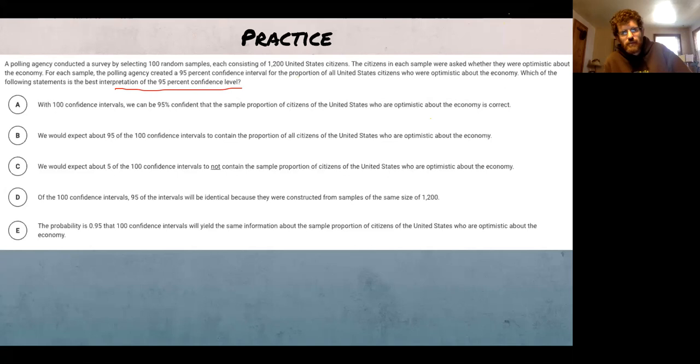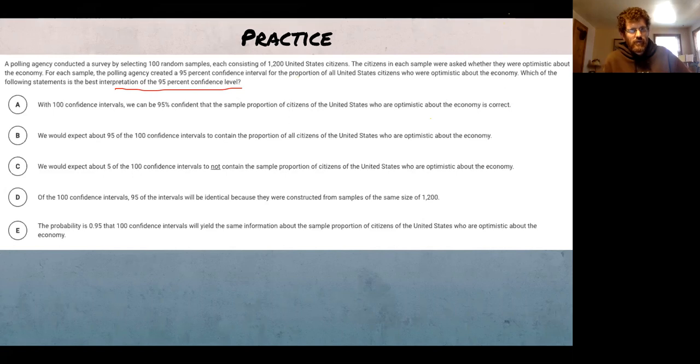At the 95% level, about 95% of them captured the true proportion. So we don't know the true proportion, but the confidence means that 95% of all of these samples taken, and confidence intervals created, will capture the true proportion.